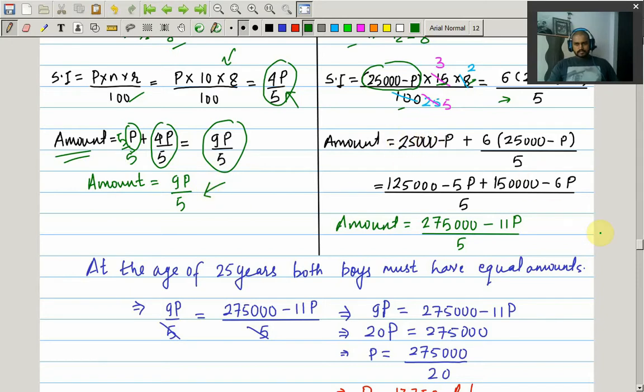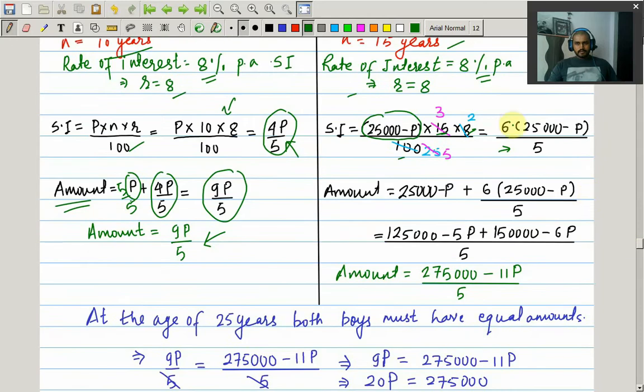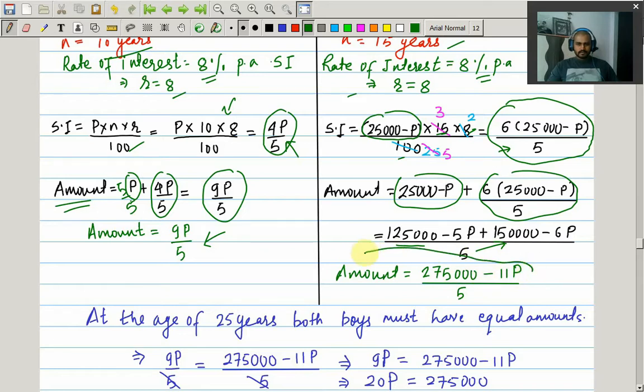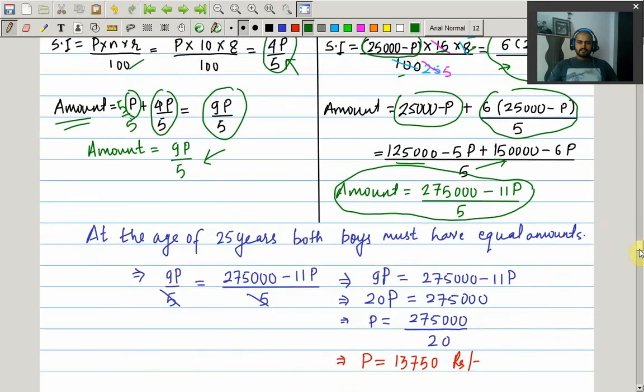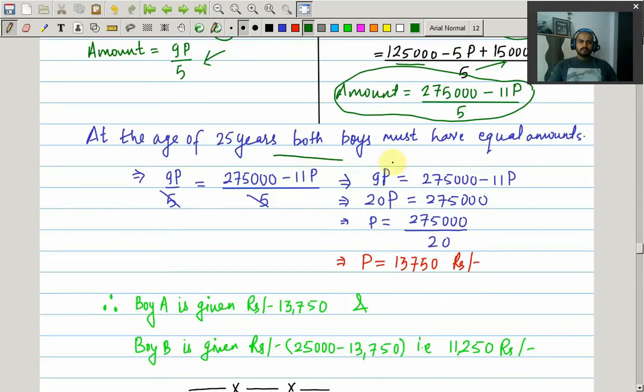For the second boy B, this is the simple interest earned in 15 years. So how much amount? The initial amount plus simple interest. So this is how I have added. I have taken LCM, added them, simplified it to get this amount. Now the question says that at the age of 25, both boys must have equal amounts. So these two amounts are equal.